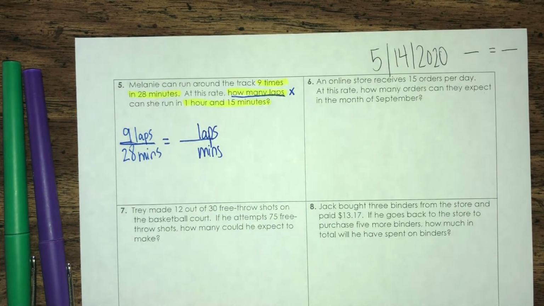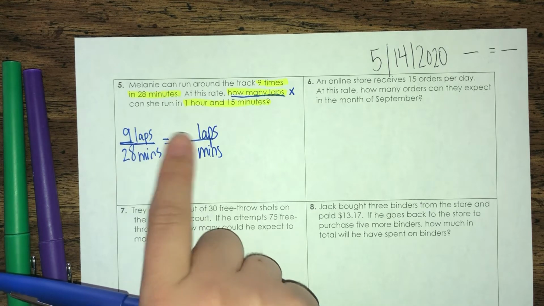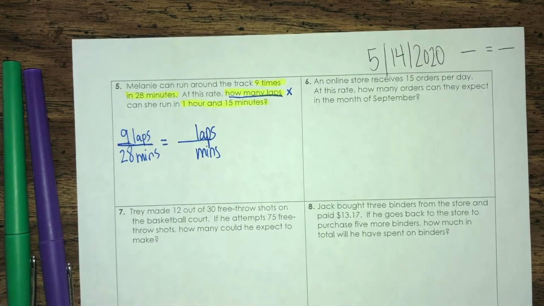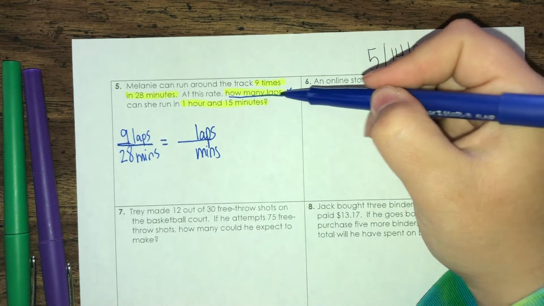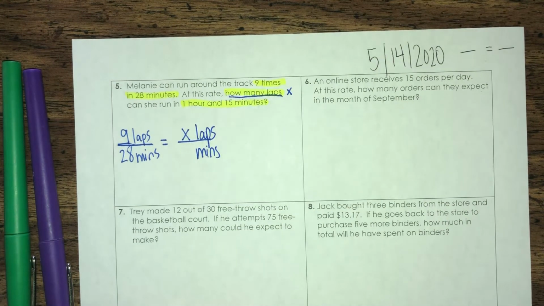Remember, that video focused on us trying to stay consistent. The whole purpose here is to have an equal proportion. The only way to remain equal is to keep the order the same as well. So, we know X was the how many laps. We don't know how many she ran. That's our goal.